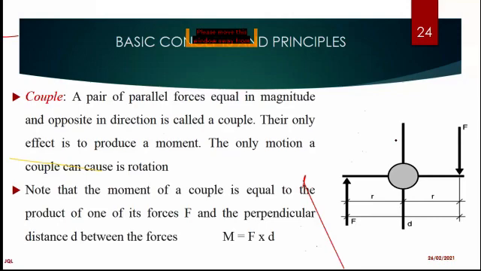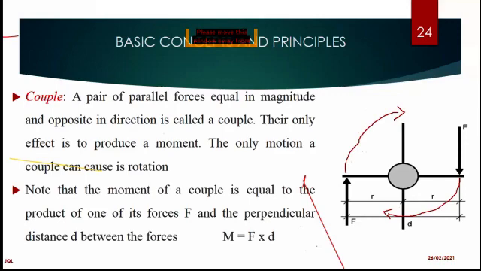That is clear, right? So here you have got F and another F. Whatever is happening here, it is creating some sort of rotation. This force is creating some rotation, and at the same time this other force is also creating rotation.